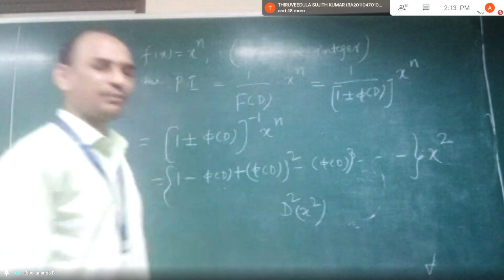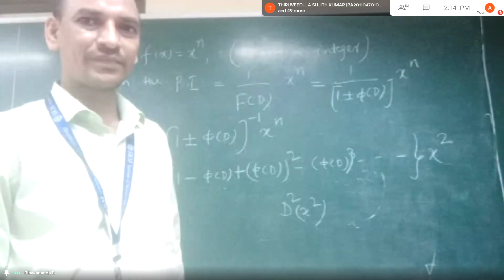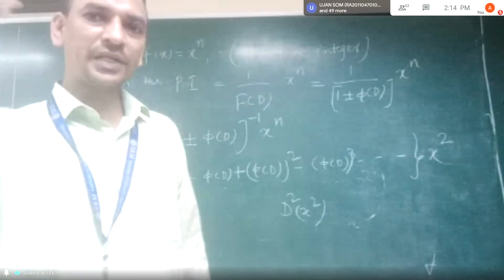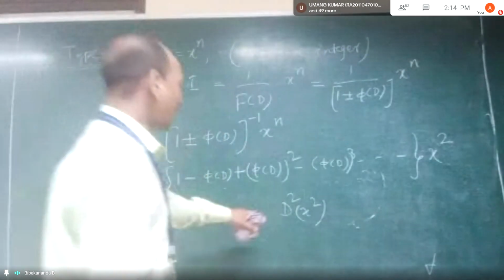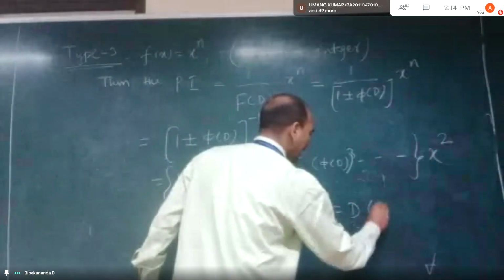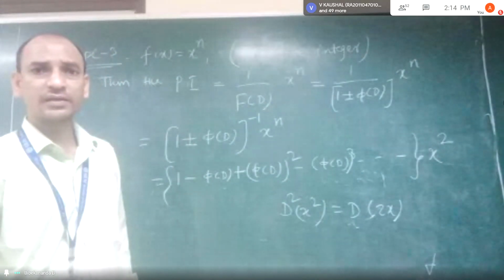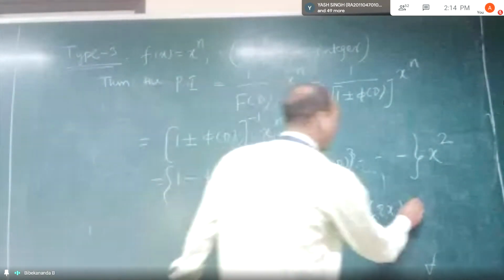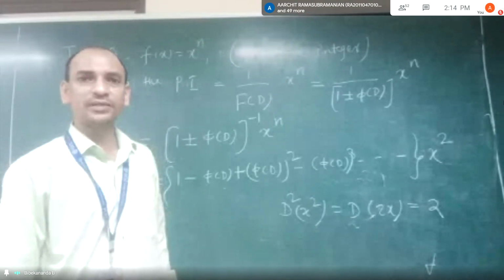What is the meaning of d square x square? Two times derivative, double derivative of x square. So the first derivative will be d into 2x, and the second derivative will be nothing but 2.